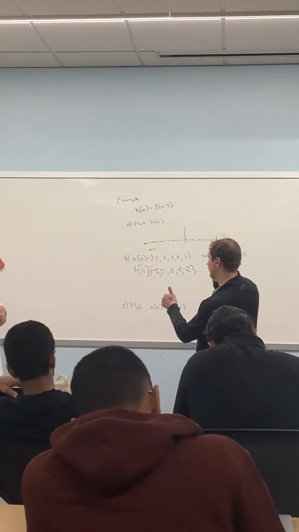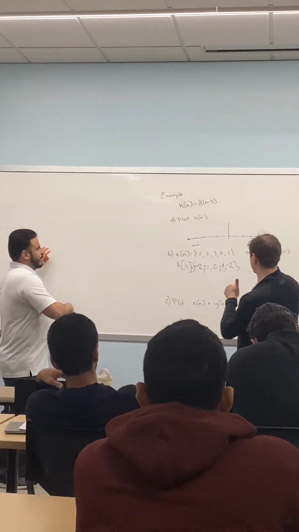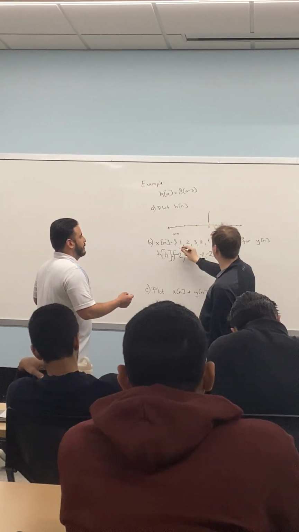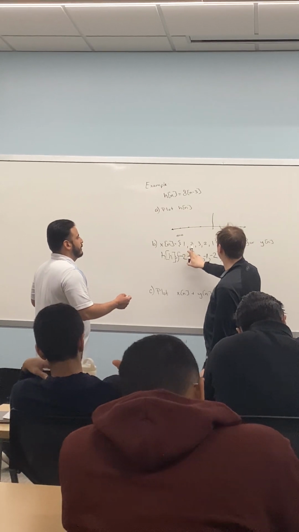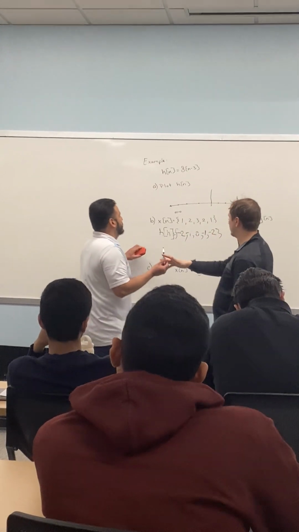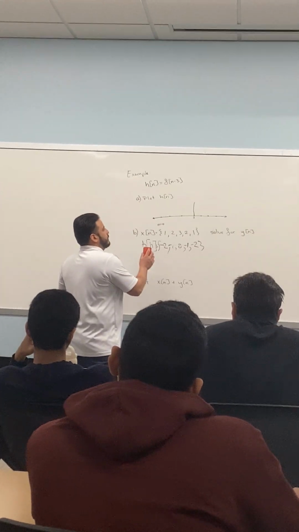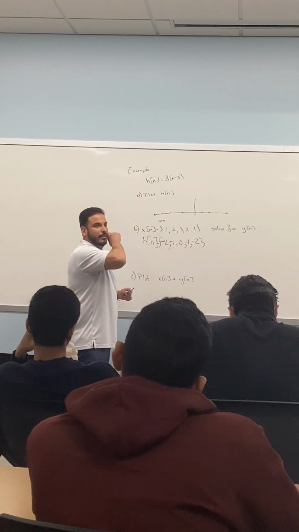Did I do that right? Not really. I don't know how you got there. Minus n minus 3, so 1 minus 3, 2 minus 3. No. So that's not quite it, right?